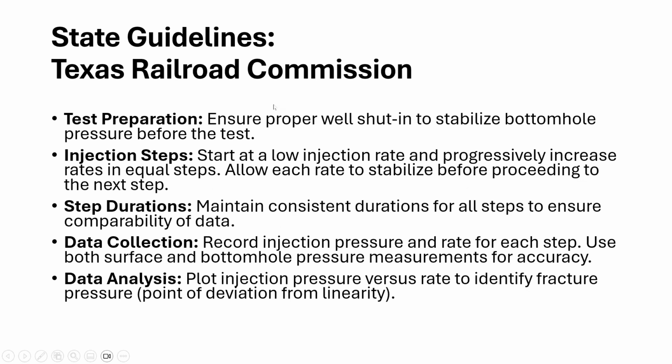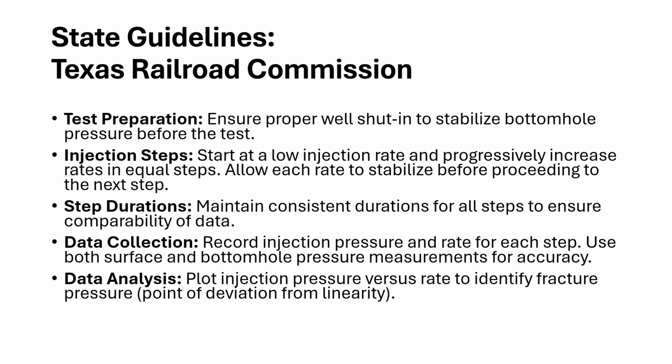So this is, pardon me for the wall of text, but there are some differences between the state guidelines that we will highlight here. Again, this is from the Texas Railroad Commission, which has published their procedures and guidelines online. They note that you just ensure proper wellbore shut-in to stabilize bottom hole pressures before the test. There's no guideline on 24 to 48 hours.